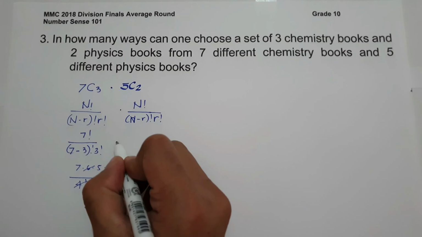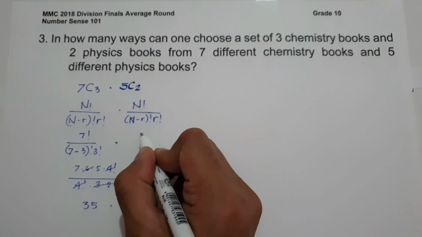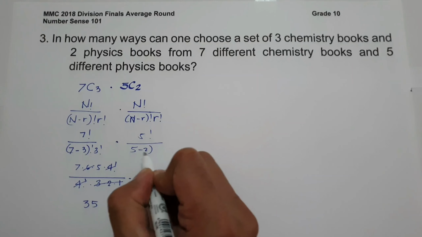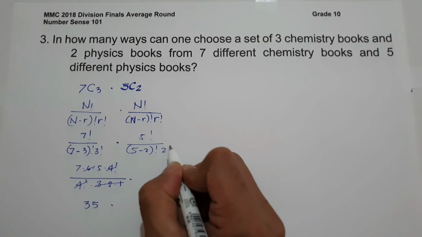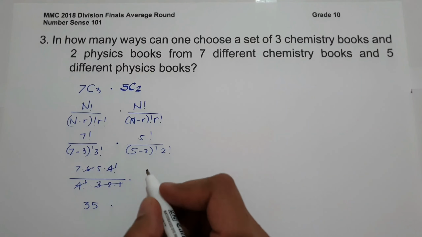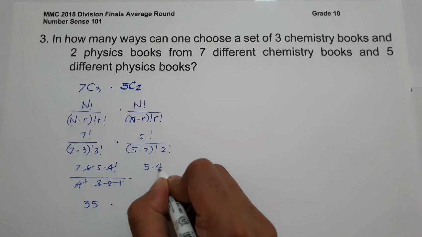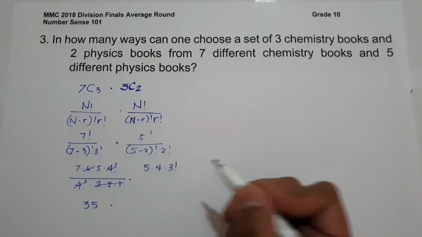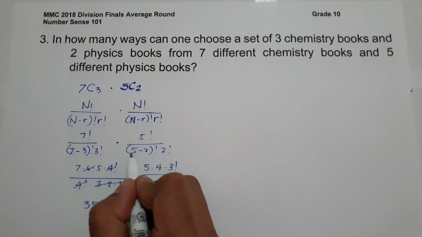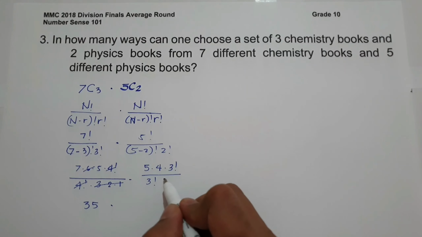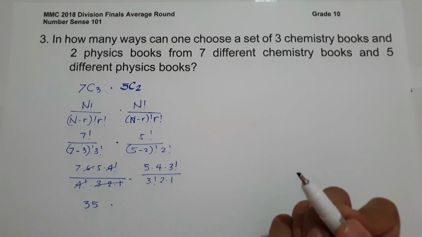And then on the other side, let us have 5 factorial over 5 minus 2 factorial times 2 factorial. 5 factorial is 5 times 4 times 3 factorial, over 5 minus 2, that is 3 factorial, and then 2 factorial, that is 2 times 1.